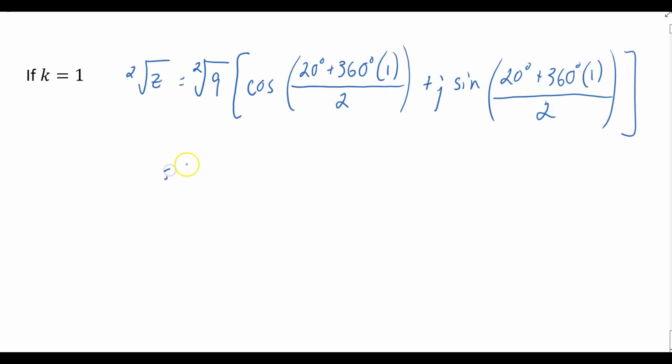Let's see what that works out to. It's a 3 cosine. 360 times 1 is 360 plus 20, 380. 380 divided by 2 is 190 degrees, plus j sine 190 degrees.